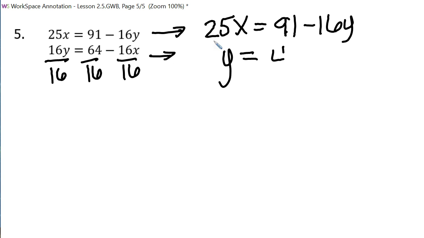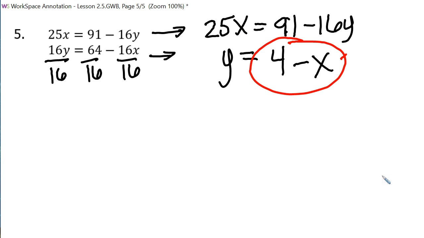And negative 16x divided by 16 is negative x. Now is it ready for substitution? Do you have a variable by itself? Yes. So what do I circle? The 4 minus x, and I draw my arrow to what variable? To the y. Okay, I want you to do number 5 using substitution.